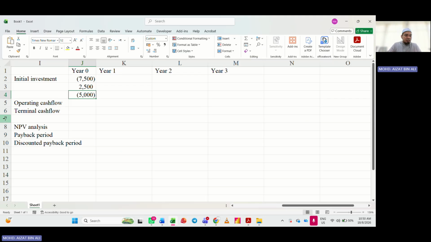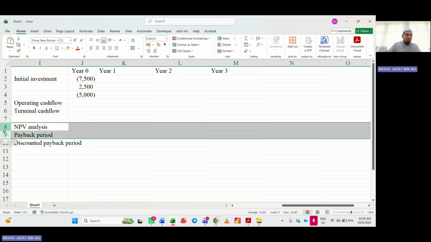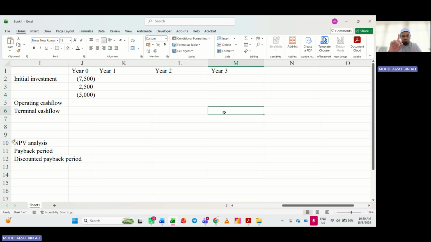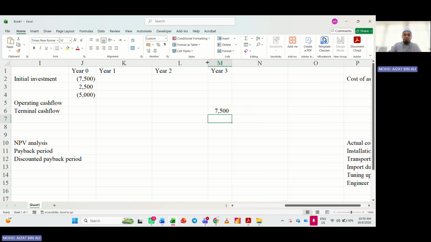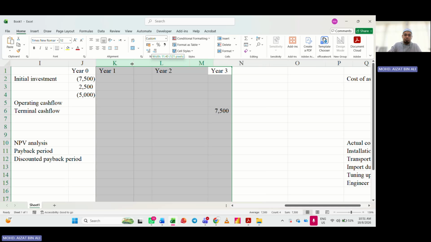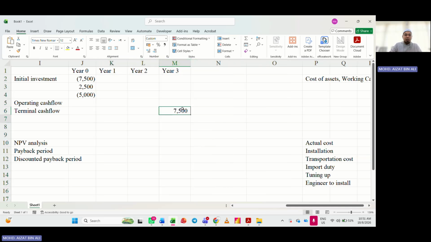And in terminal cash flow, in year three, we would expect, number one, to sell all of our inventory. So this will represent cash inflow. We get the cash, 7,500 ringgit. And then we also will be expected to pay our accounts payable. Paying accounts payable results in a cash outflow of minus 2,500 ringgit.